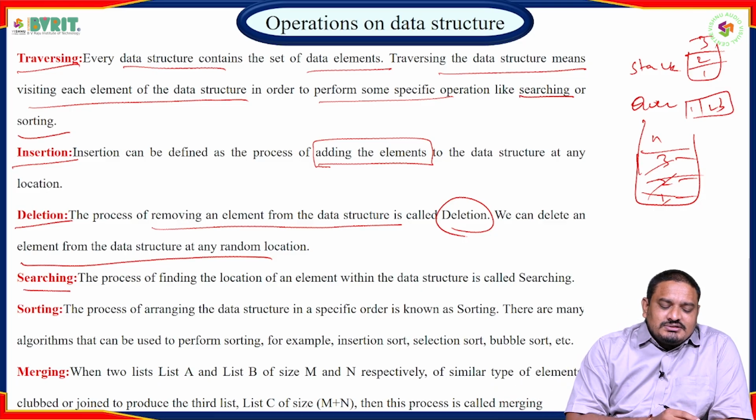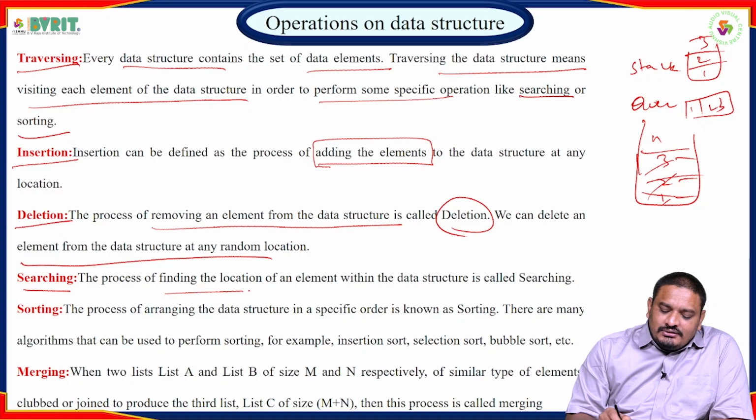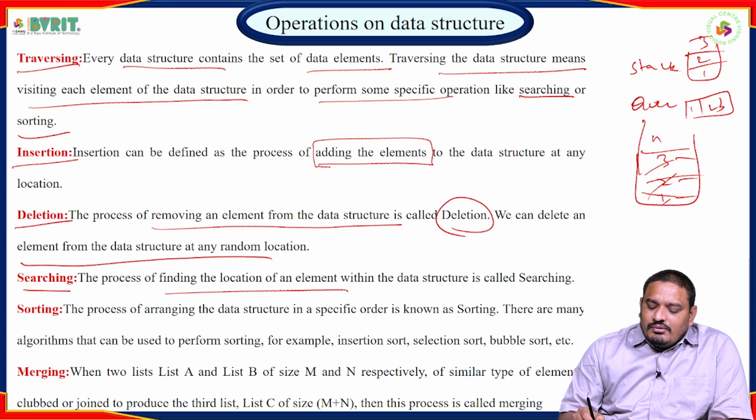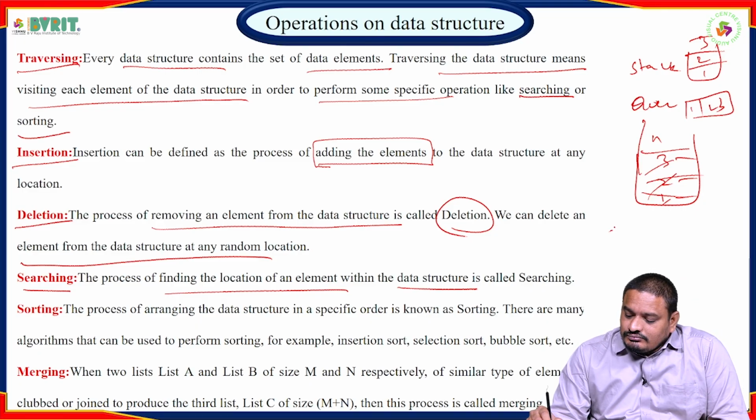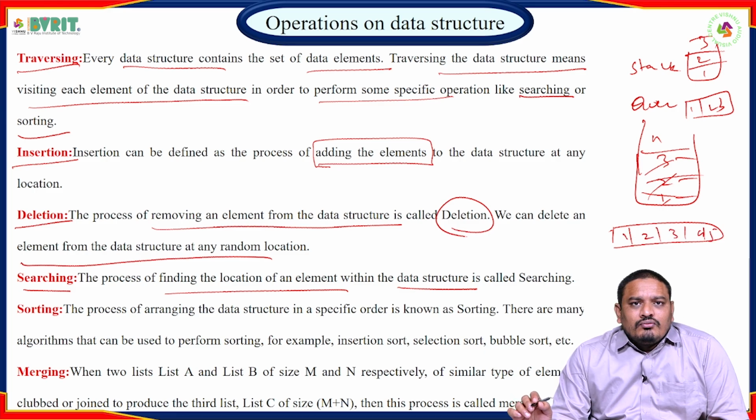Next one is searching. Searching is the process of finding the location of an element within the data structure. Searching means finding the location of a particular element. For suppose, this is an array. The array contains the elements 1, 2, 4, 5, 6.